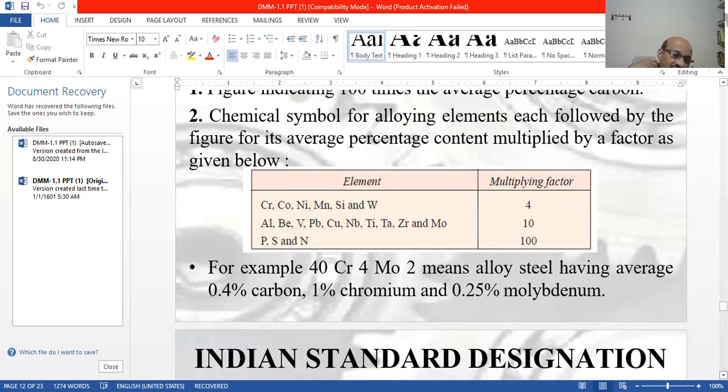So 40Cr4Mo2 means the alloy steel has an average carbon percentage of 0.4, 1% chromium, and 0.25% molybdenum.